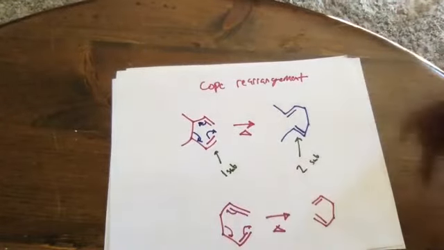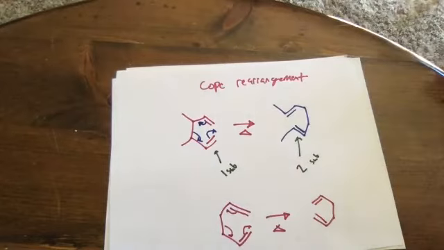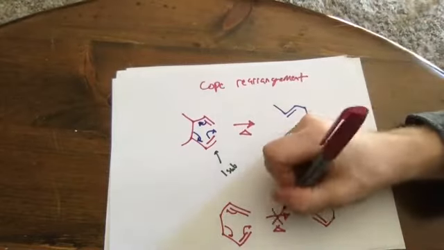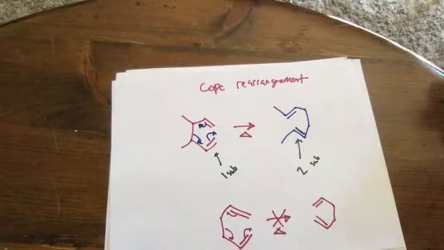So there's no gain in energy here. So because of that, this reaction won't actually happen. There's no energetic gain. There's no reason to do it. Okay, so that is the Cope rearrangement.